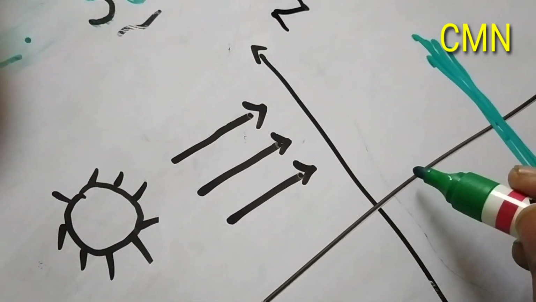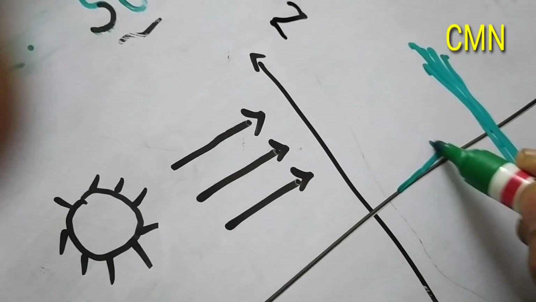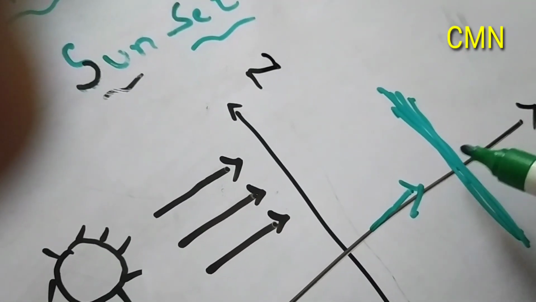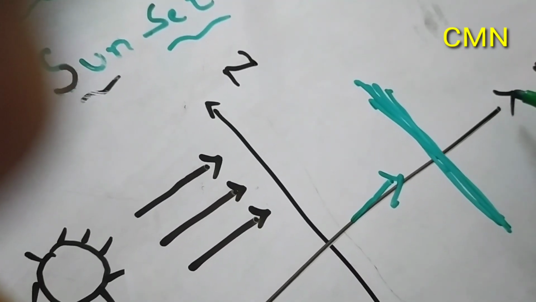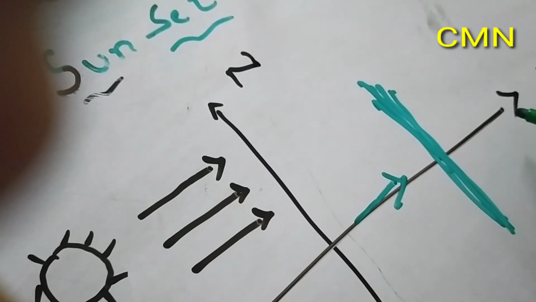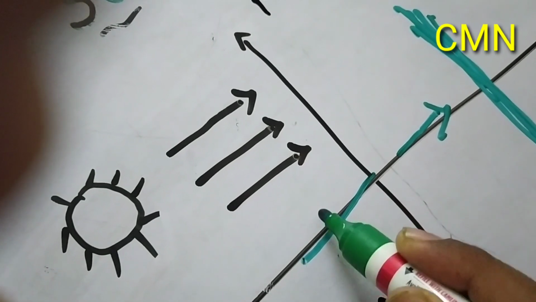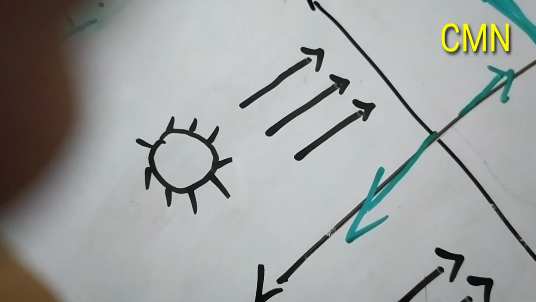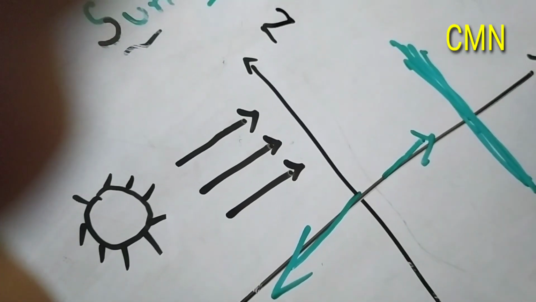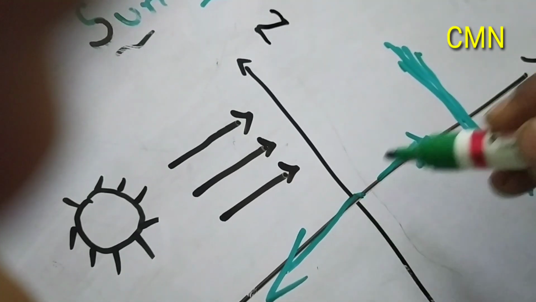Suppose you are facing east direction; the shadow will be on your front side. Suppose you are facing west direction; the shadow will be on your back side.